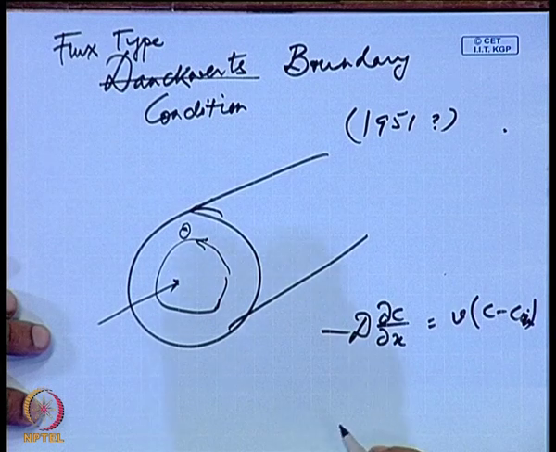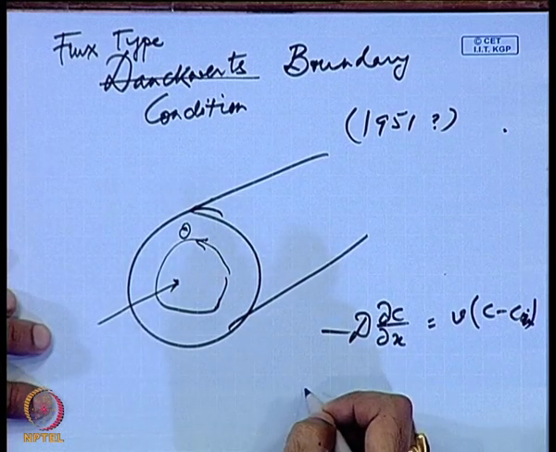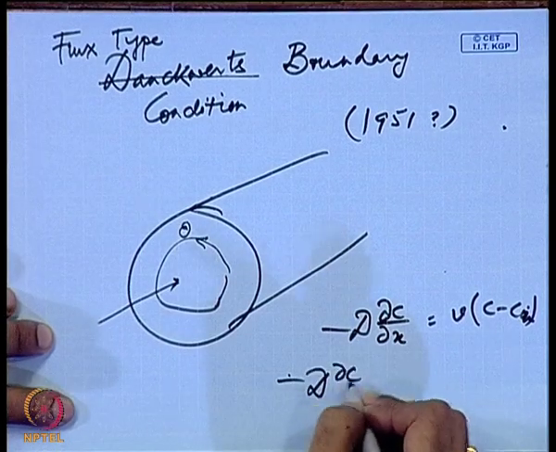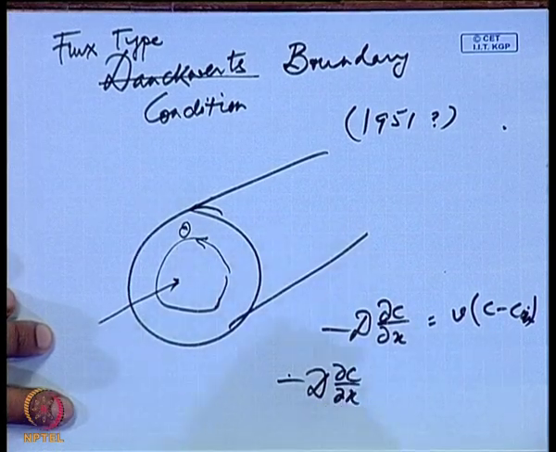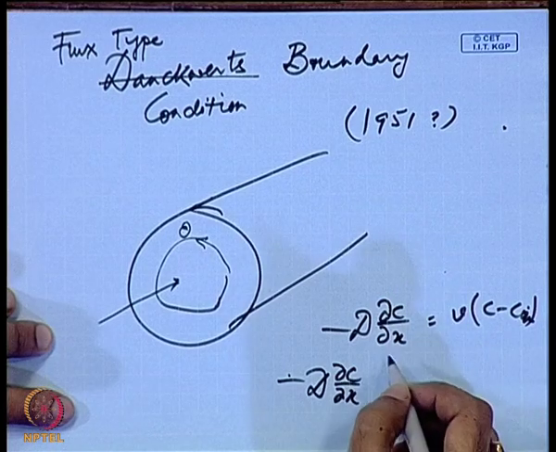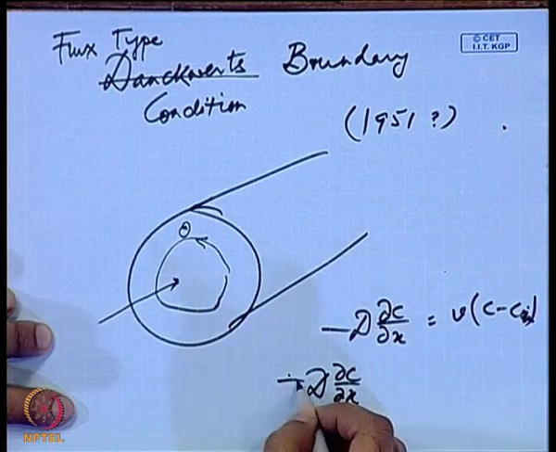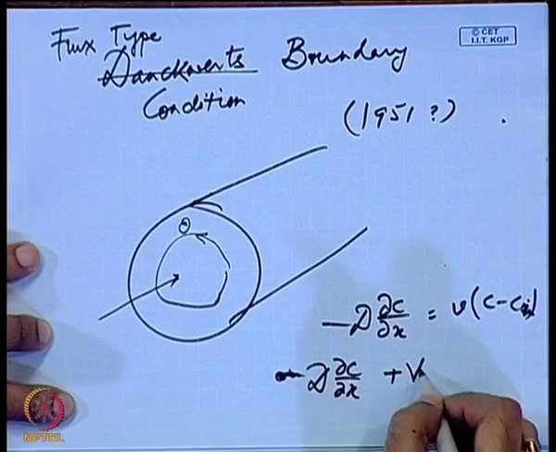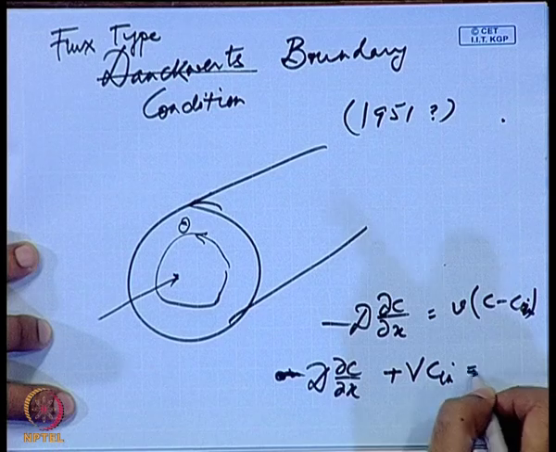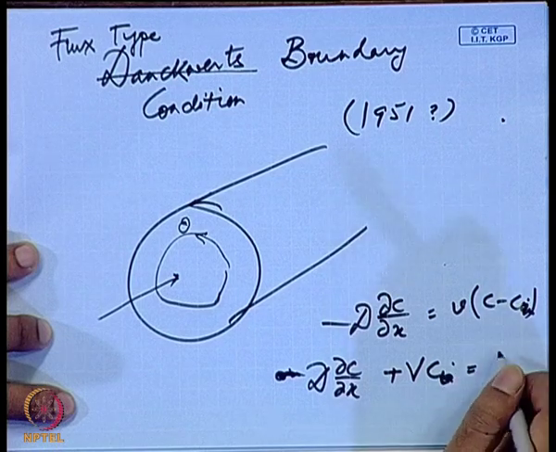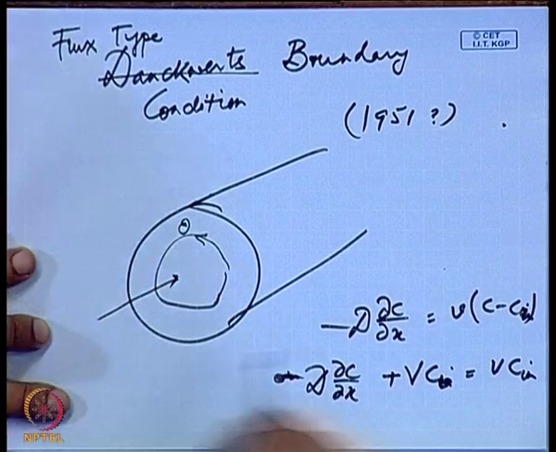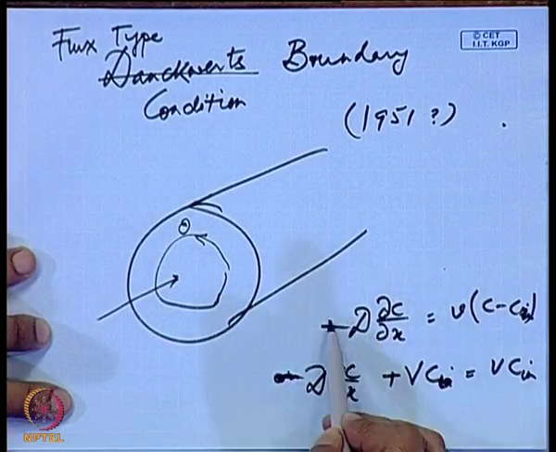So if you look over here, then you get minus D del c del x plus, if you put a plus over here, then plus v times c equals v times c in. Yeah, just take this form.